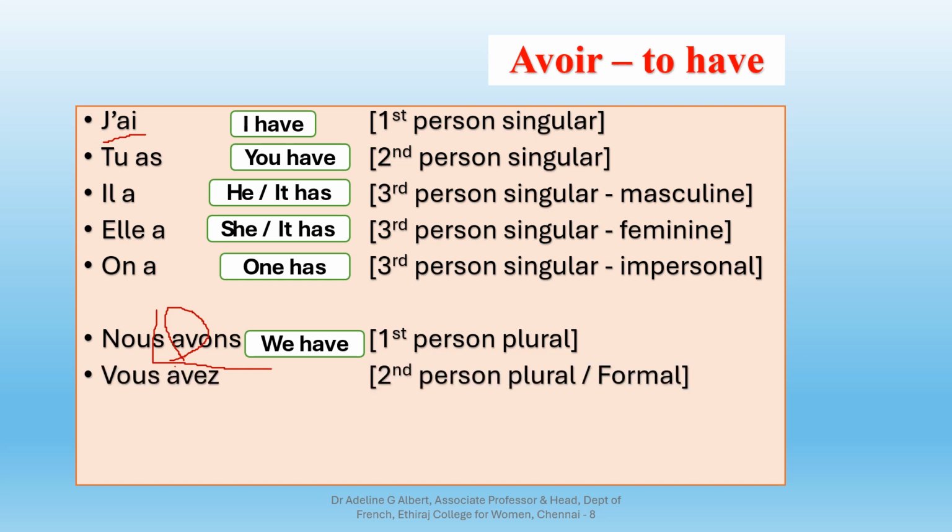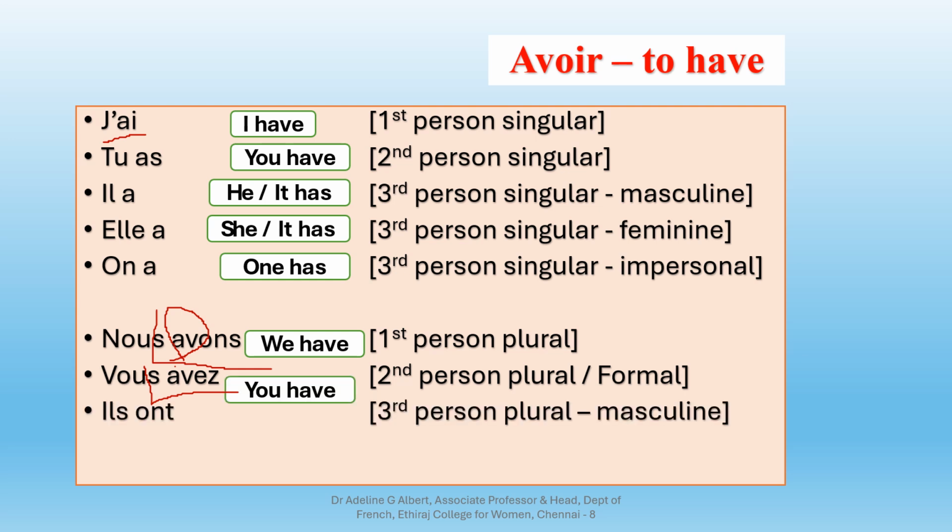Let's look at the next one. Again, the second word starts with a vowel. So you split it so that the S goes into the second word. So this is vous avez. Nous avons means we have. Vous avez means you have, plural. Now you can imagine how I'm going to pronounce this.